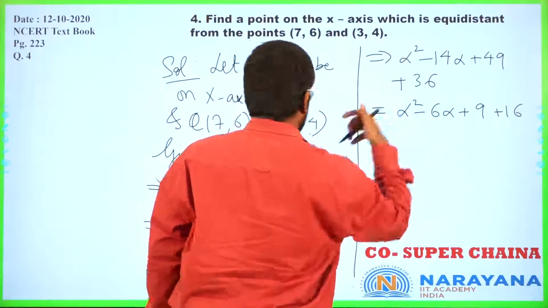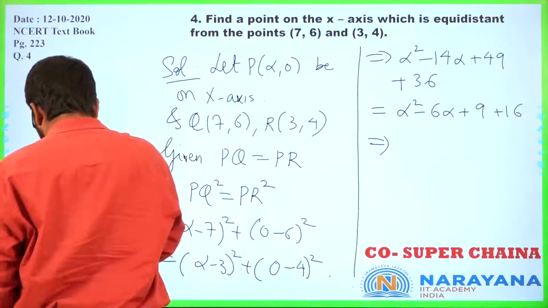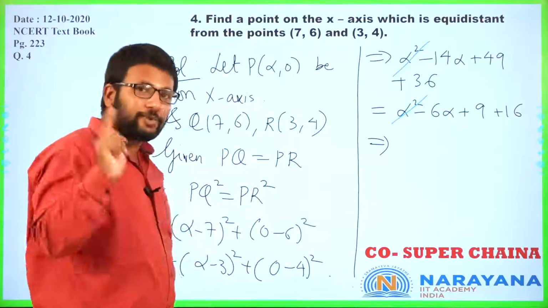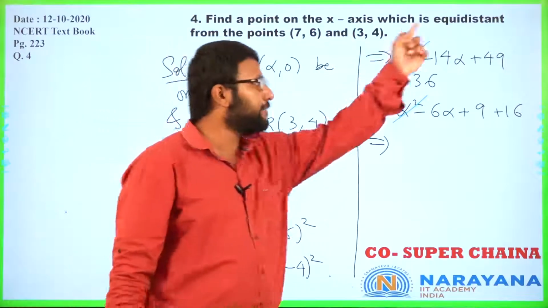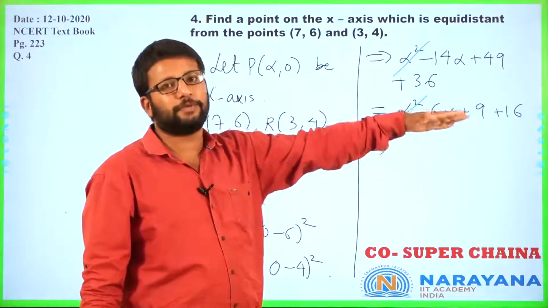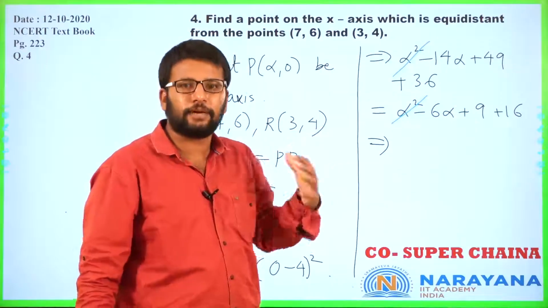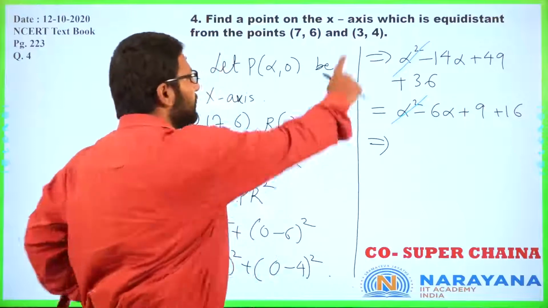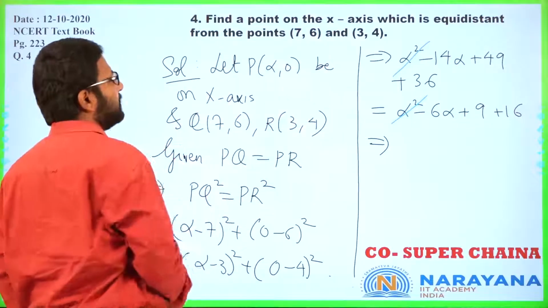Now observe that alpha square will get cancelled, and because alpha square gets cancelled, suddenly this equation is a linear equation. Because it's a linear equation, only one solution is possible. Correct? That is how geometry and algebra play with each other. So only one solution, therefore only one such point is possible.